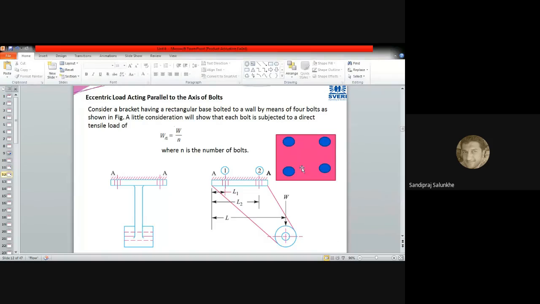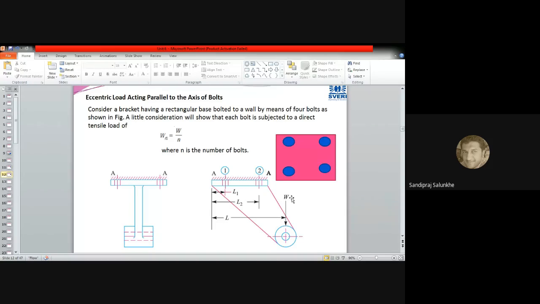This is the top view, and the front view and side view we can see here. Now in this case, the load W is acting eccentrically. It is parallel, but not in line with the bolts or the plate connected by this bolted joint.